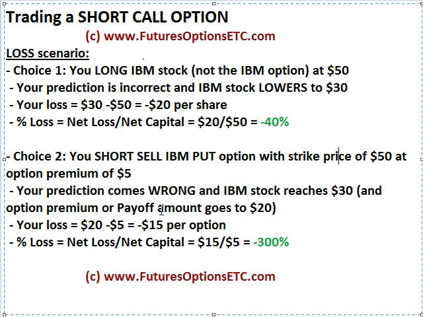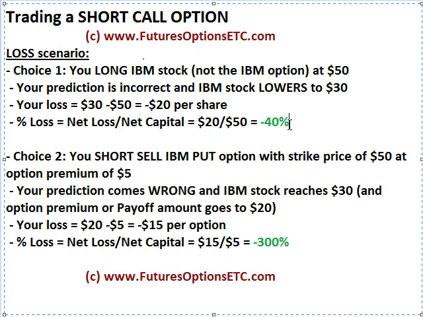That is, the amount of money that you will have to pay back to the option buyer will increase to $20 or so. So your loss in that case would be $20 minus the $5 that you received upfront while selling this option. So your net loss will be $15. In terms of percentage, it would be a 300% loss.